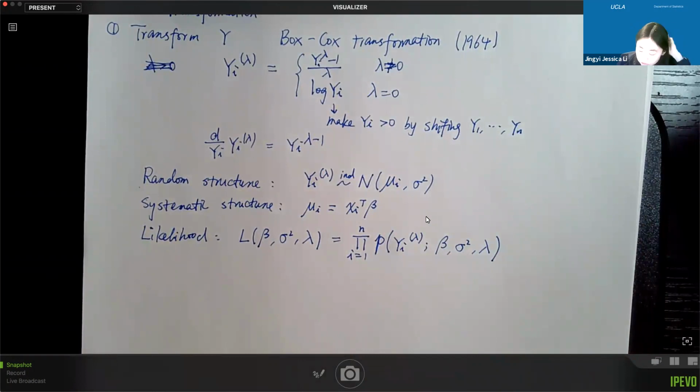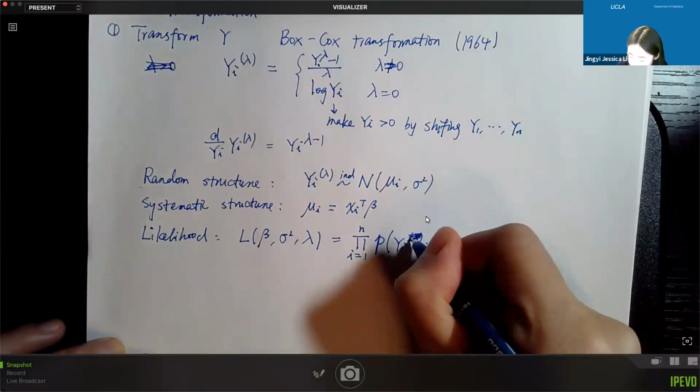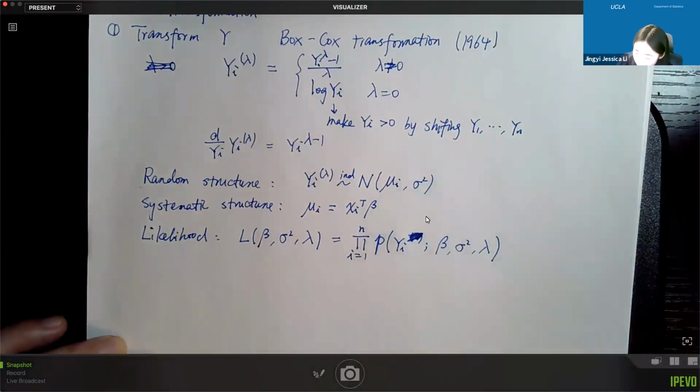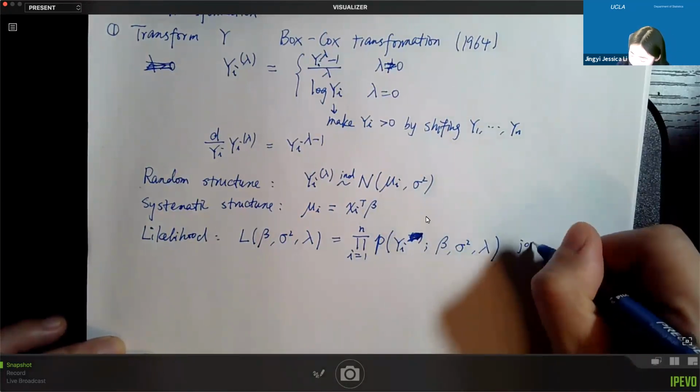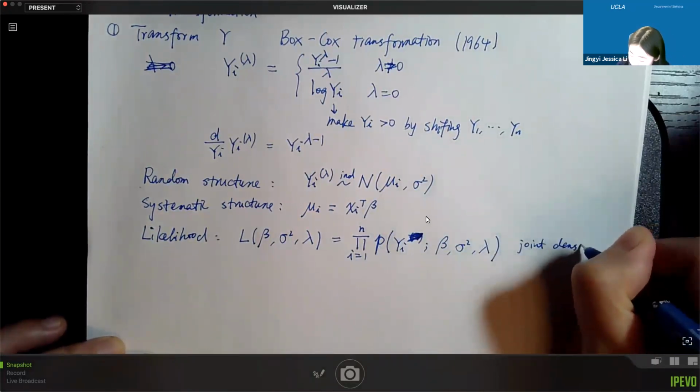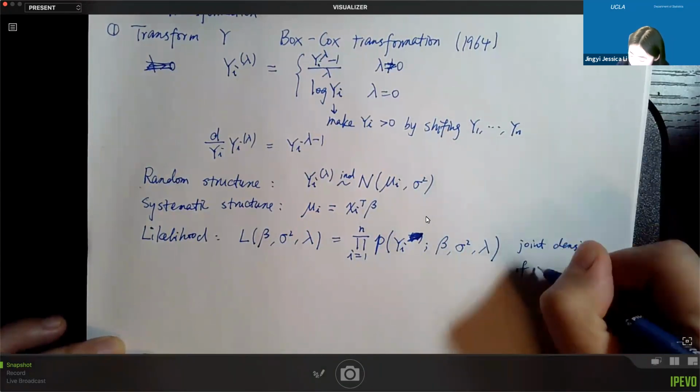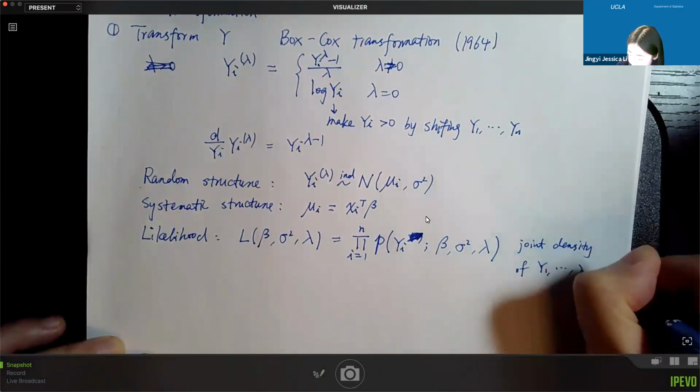But one thing we need to be clear about is this. So this is the density function, the joint density of our data, y1 to yn.